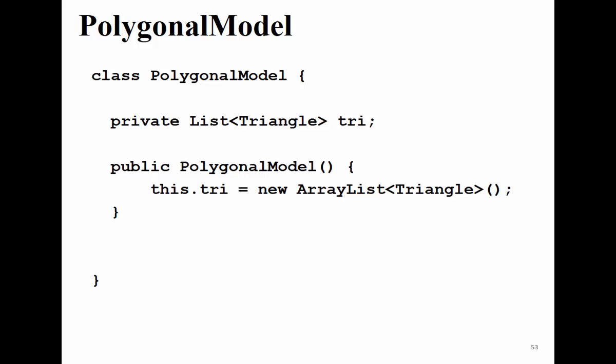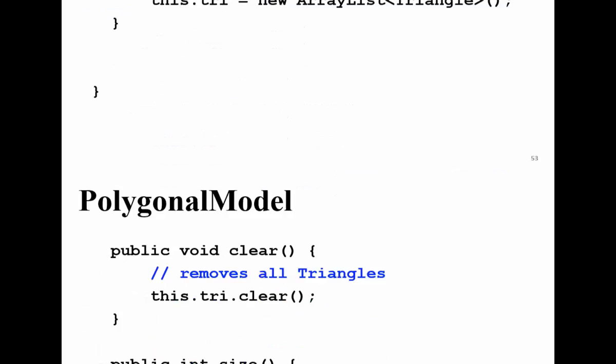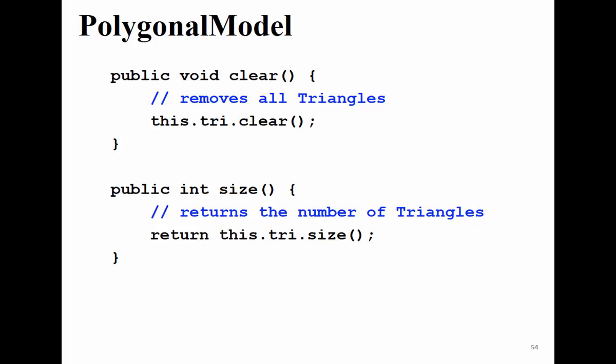Okay, we create a default constructor. Now we have public void clear. That is going to call the array list clear method. this.triangles.clear will go to the elements inside the array list object and clear them out, removing them from the list. Size will return the size of the array list.